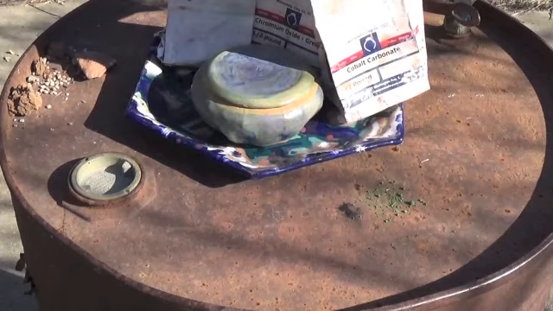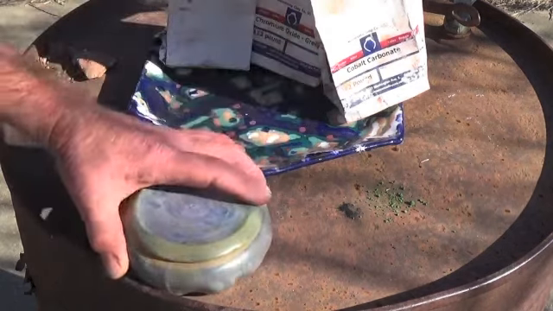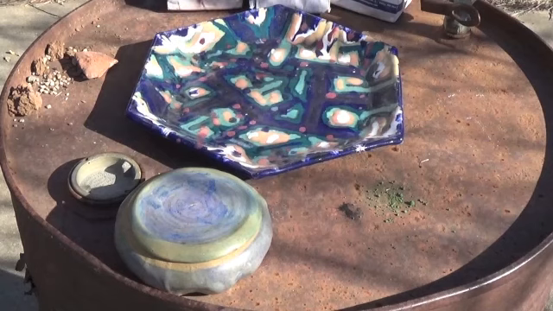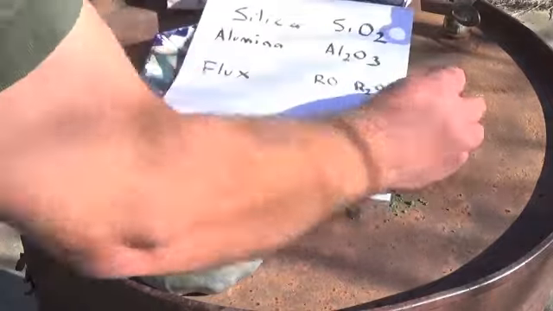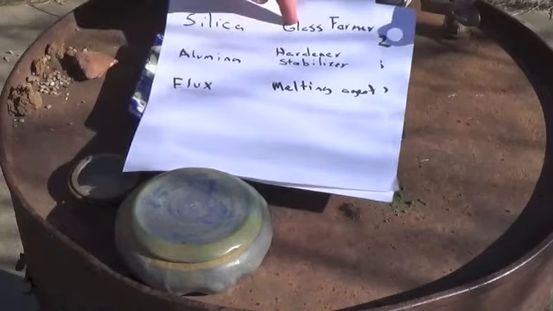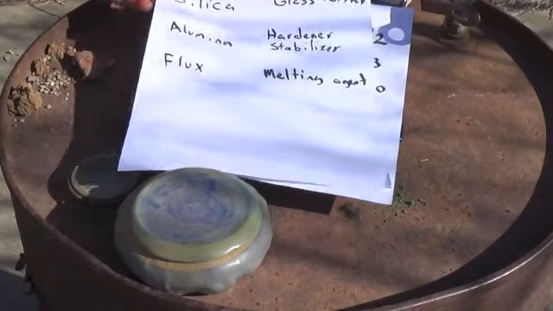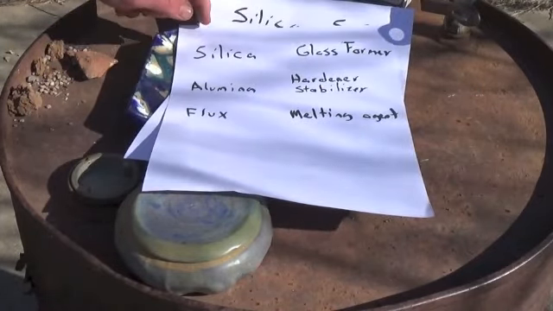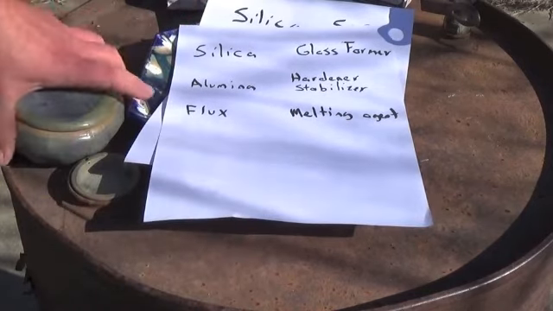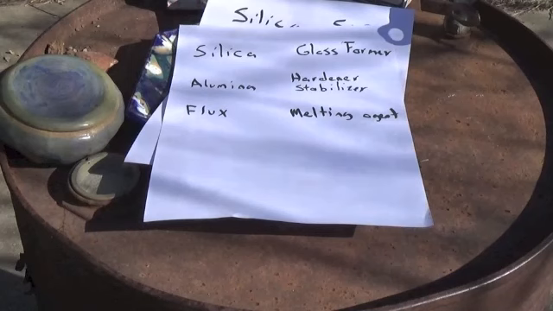Let's see. So the basic review of it is that glazes are basically made out of a glass former, which is ground sand or ground quartz, a hardener or stabilizer, which is usually alumina.